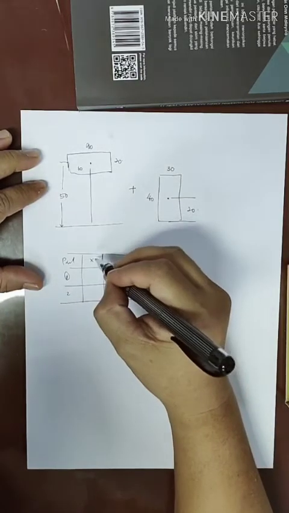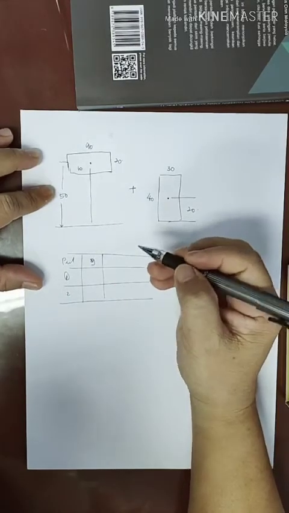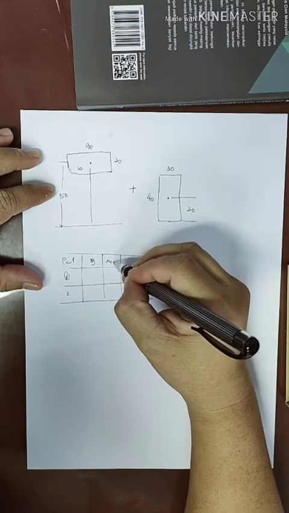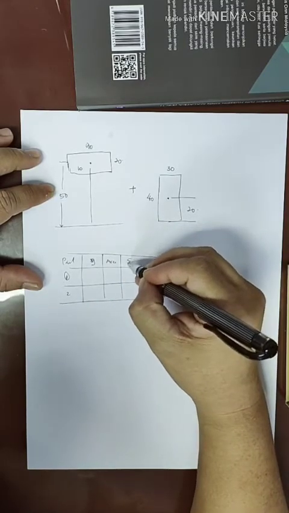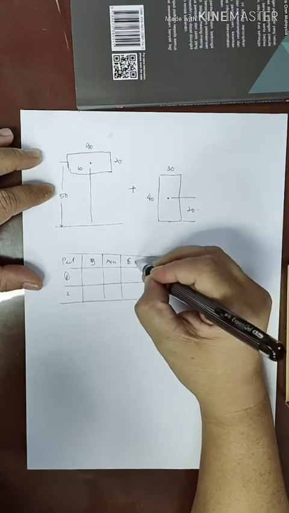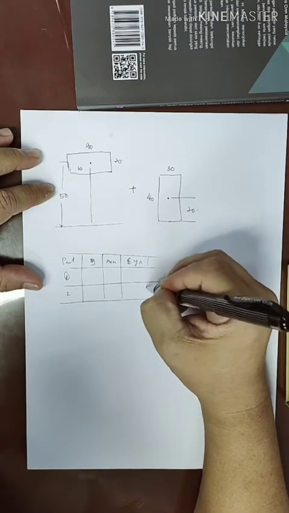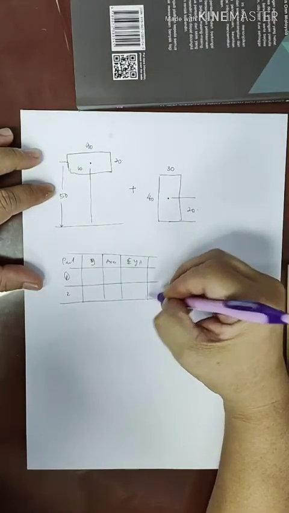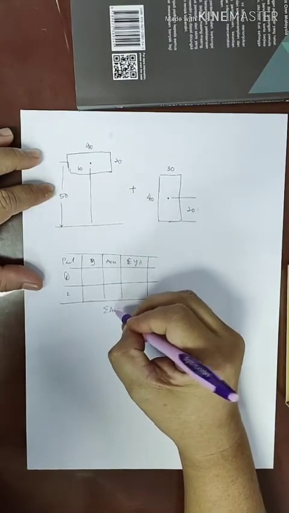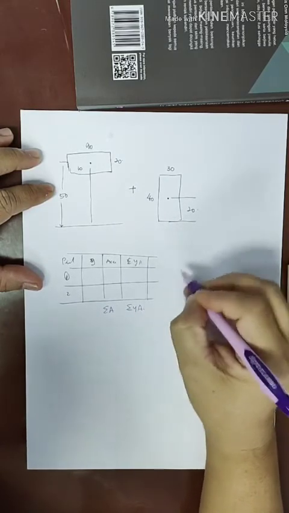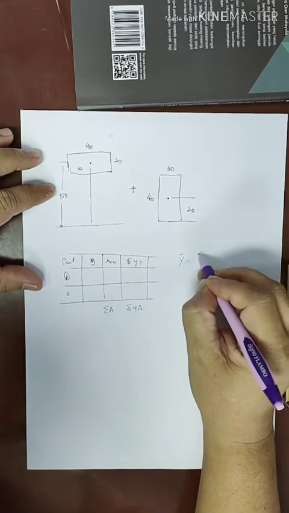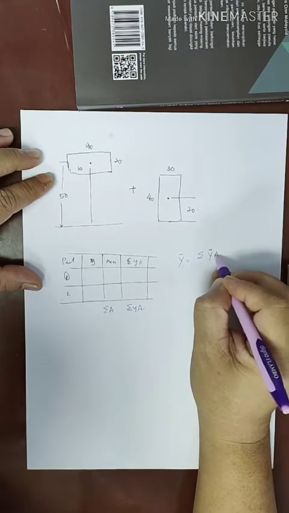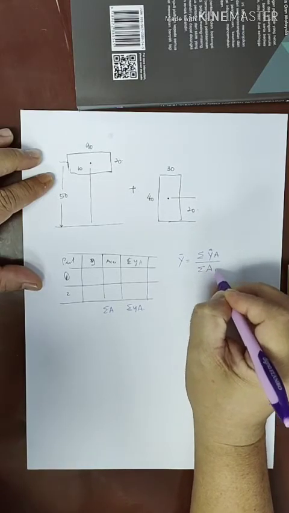This is the y, this is the area, this is the ya, this is the summation of a, this is the summation of ya. So we need to find the y centroid, the summation of ya divided by summation of a.